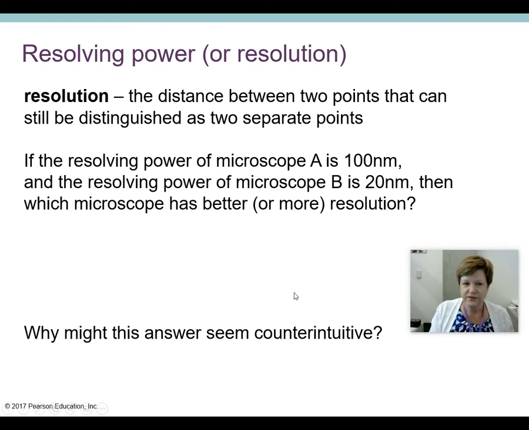Okay, so I keep using this word, resolution or resolving power. The definition of resolution or resolving power is the distance between two points that can still be clearly seen as two separate points.